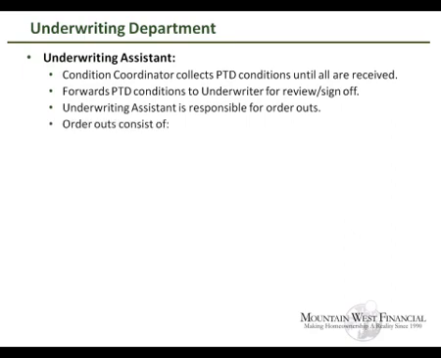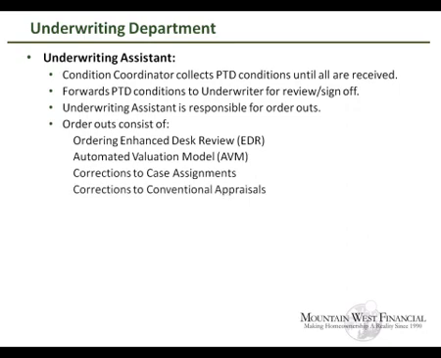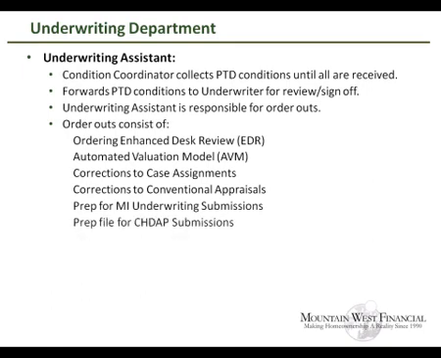Now, the underwriting assistant is responsible for the following. They're responsible for what we call order outs. Order outs consist of ordering enhanced desk review, automated valuation model, corrections to case assignments, corrections to conventional appraisals, prep for MI underwriting submission, prep file for SHDAP submissions.